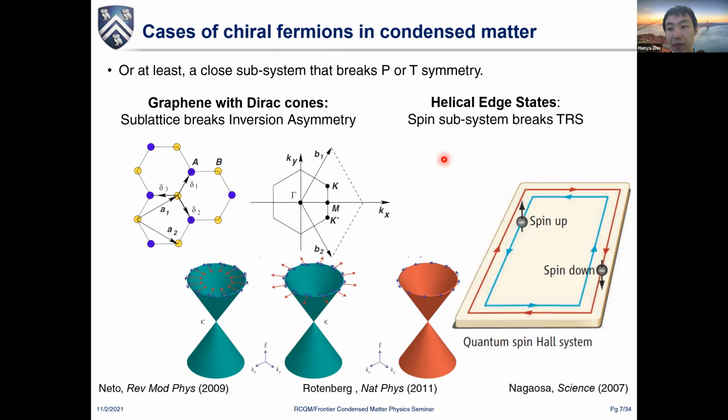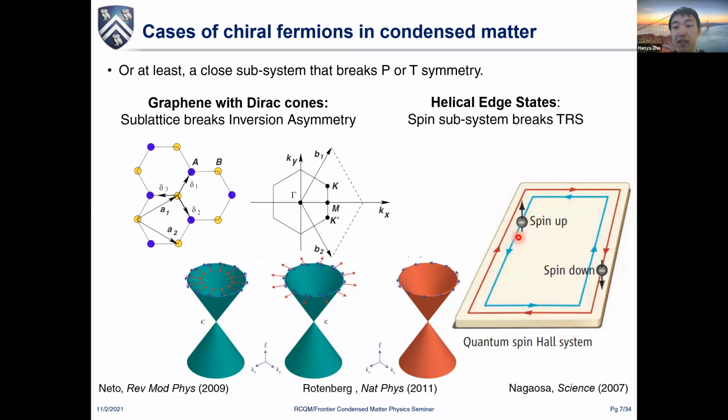A similar case can be found for time reversal symmetry. This is the case of the quantum spin Hall system, alternatively called topological insulators. They are not time reversal symmetry broken, but because of spin orbit coupling, if this is a quasi two-dimensional system and the spins do not mix with each other, then within each spin subsystem there is effectively a magnetic field.